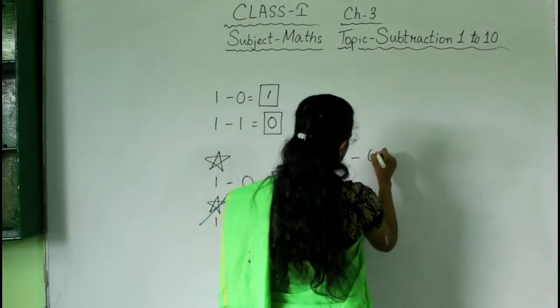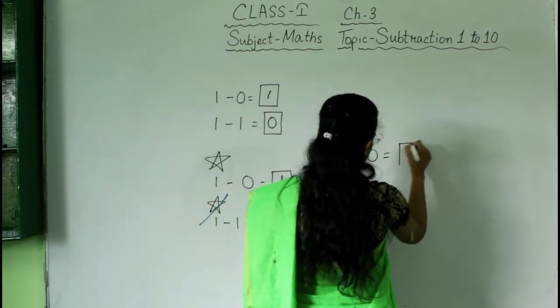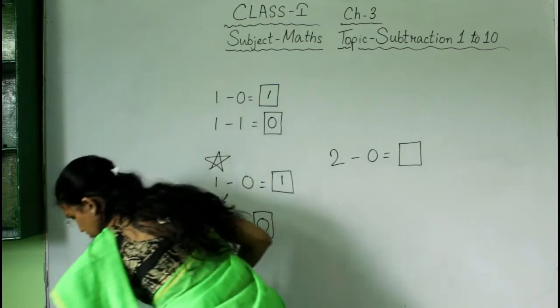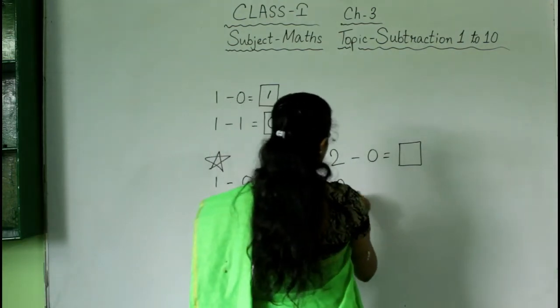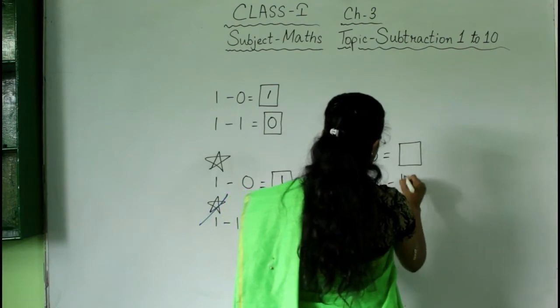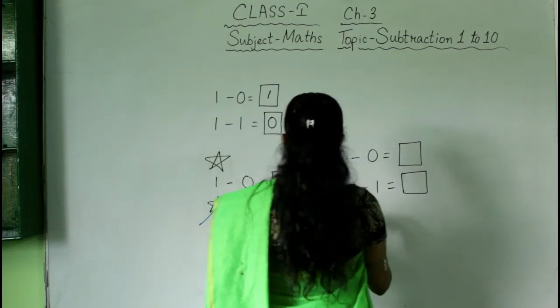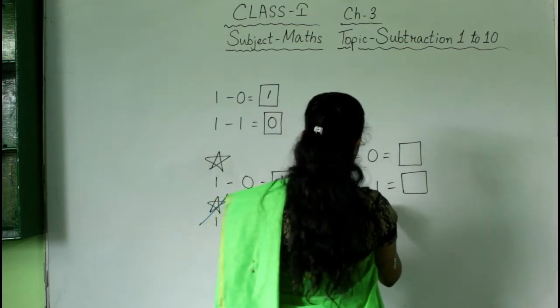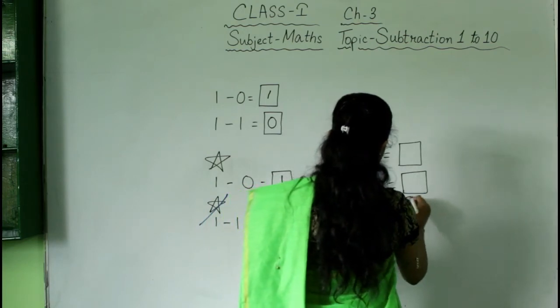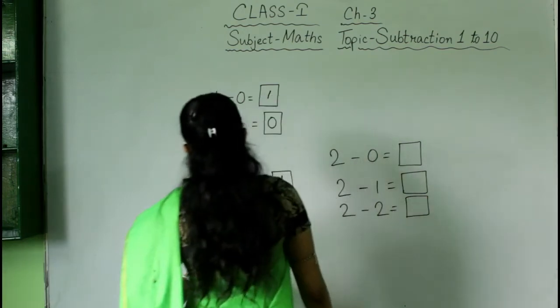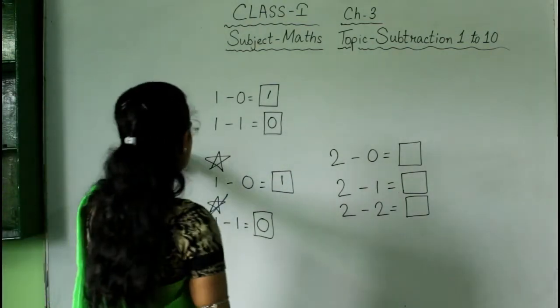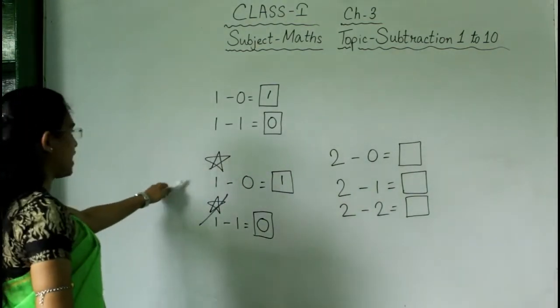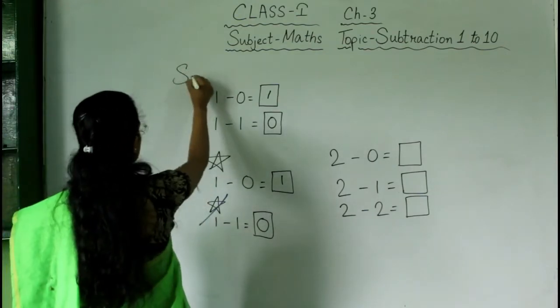2 minus 0. 2 minus 1. 2 minus 2. So now we are doing subtraction.